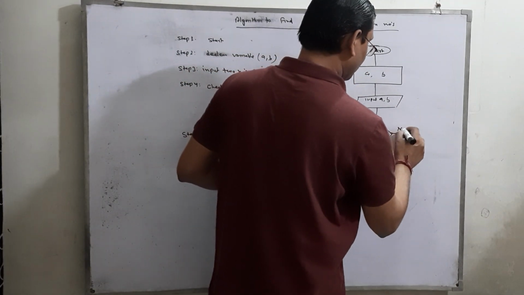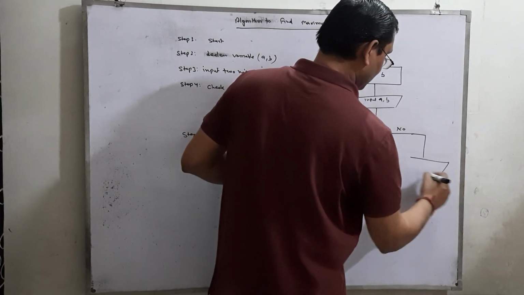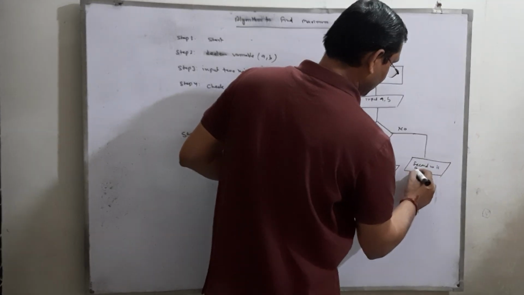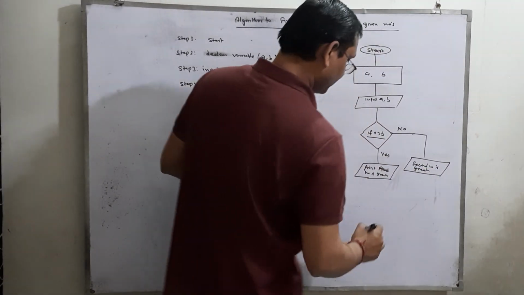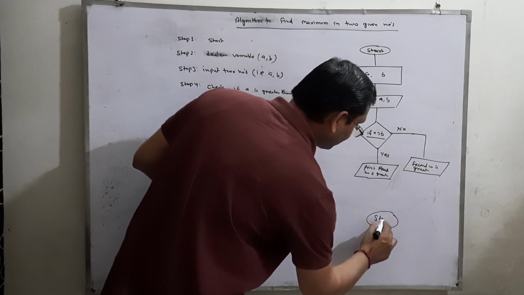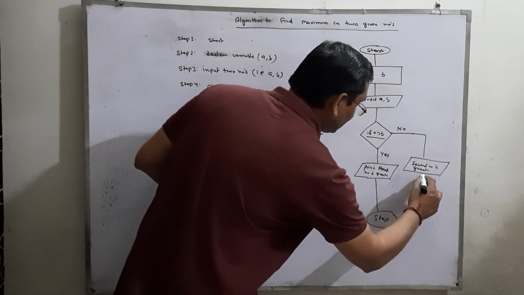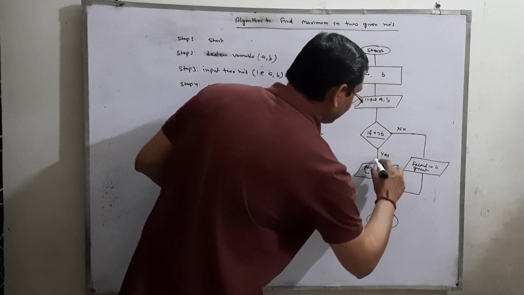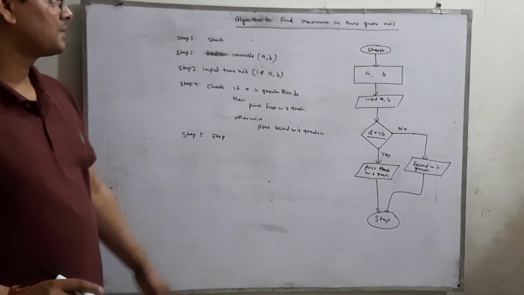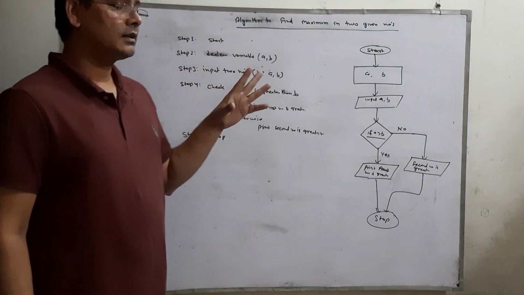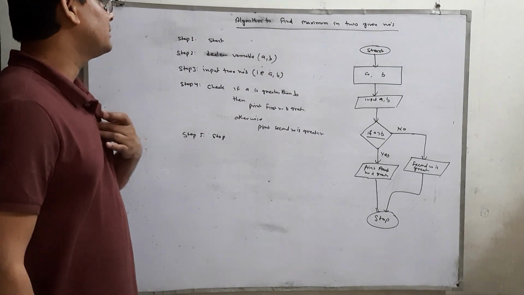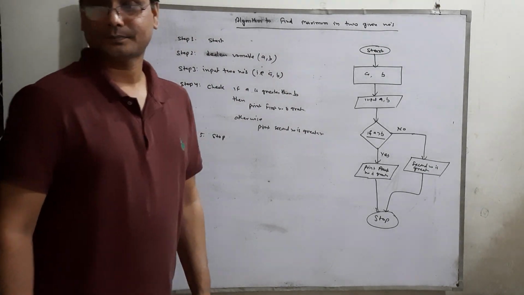If no, print second number is greater. In both the situations, we will go to stop. Either in this way or in this way. These are the steps to write algorithm and flowchart to find the greater between two given numbers.